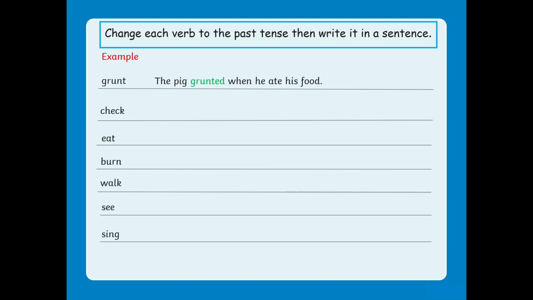So he did that in the past tense. He's already done it, which is why the verb grunt changes to grunted. So do the same for each of the other words. Change the verb to the past tense and use it in a sentence. You can make up your own sentences with the verb in the past tense. Have a go.